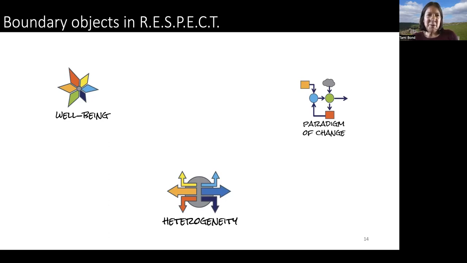We're going to start by exploring well-being as a boundary object and learn to explore boundary objects together. But these are things that we can coalesce around that may be poorly defined, but that we all recognize as important. And simply having an object to have a conversation about will enable us to move toward definition and functionality.